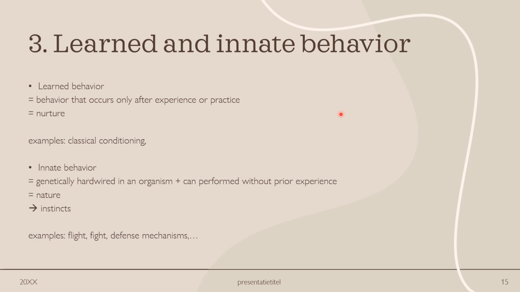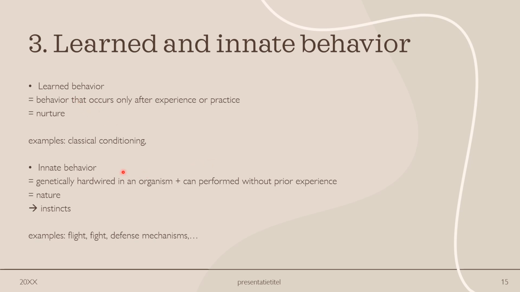It's behavior that occurs only by experience or practice, because someone or the environment makes you have to learn something, like classical conditioning, like a dog who can give a high five. It's not that a dog is born with the skills to give a high five. He doesn't need that in the wild or in nature.